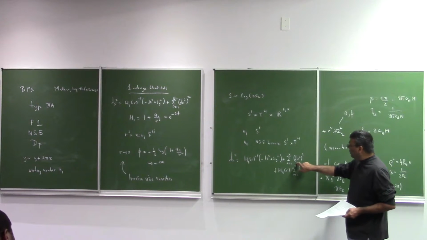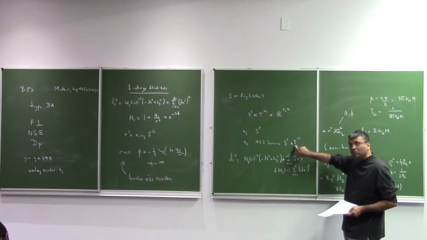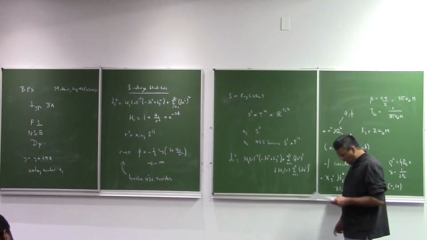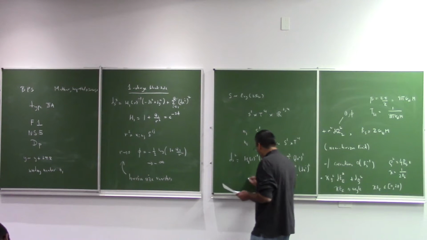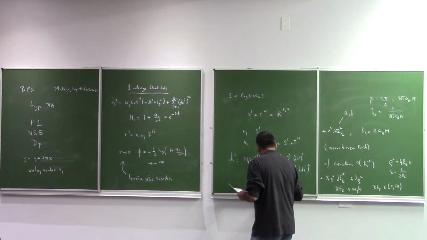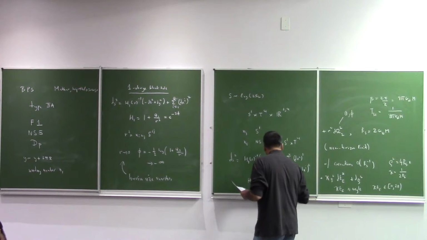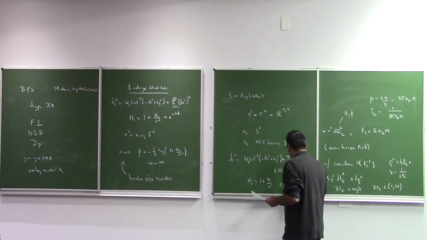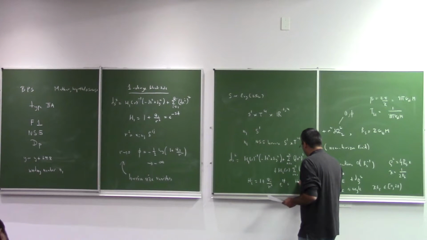So these za parameterize the torus. Okay? And H1 and H5 are 1 plus Qi over r squared. The dilaton this time, e to the 2 phi, is the ratio of H5 over H1.